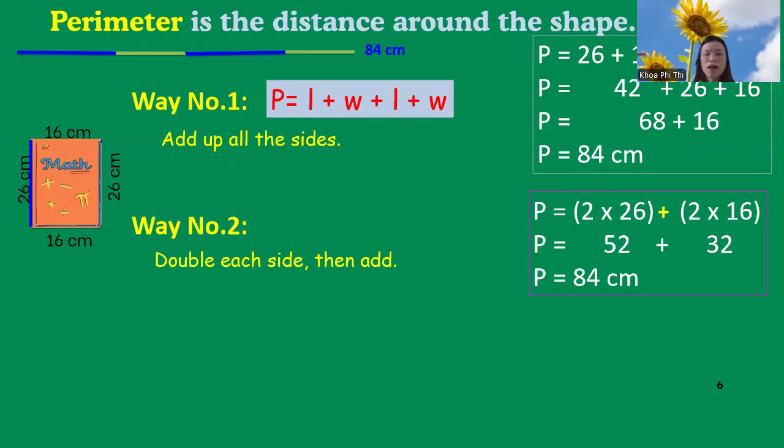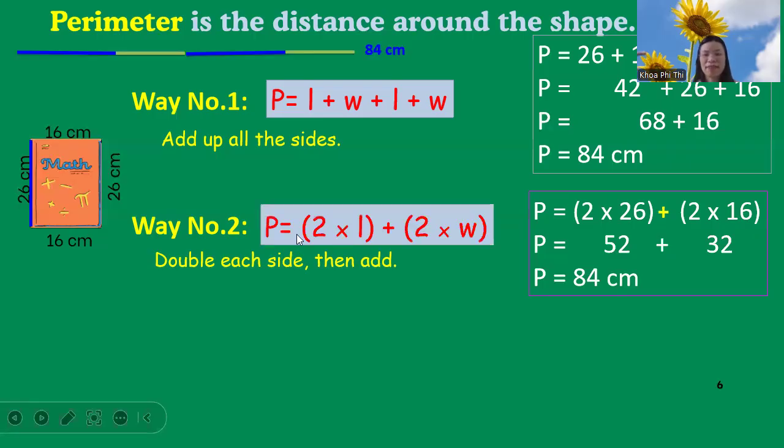So, what is the formula of way number two? Here it goes. Perimeter is 2 times length plus 2 times width. And remember to put this calculation in parentheses. In way number one, we need to make four calculations, four separate additions.